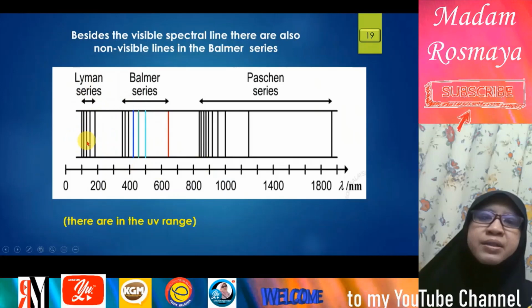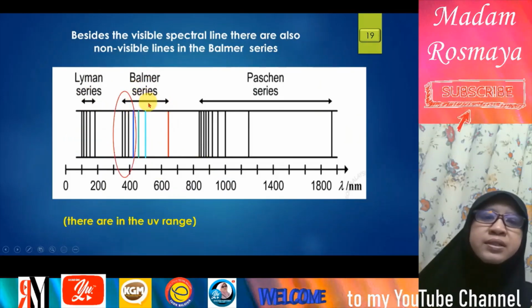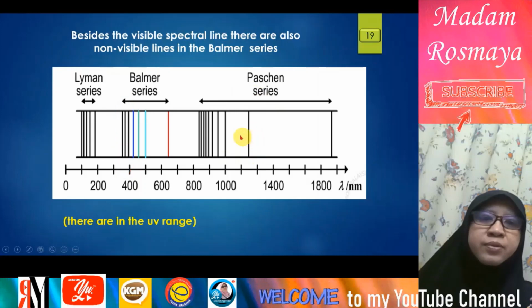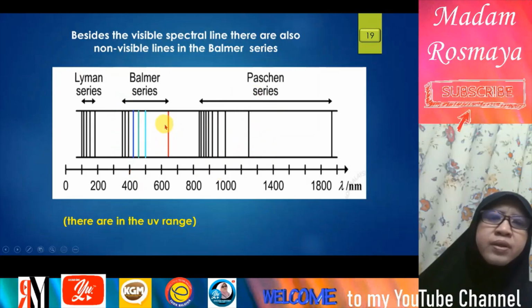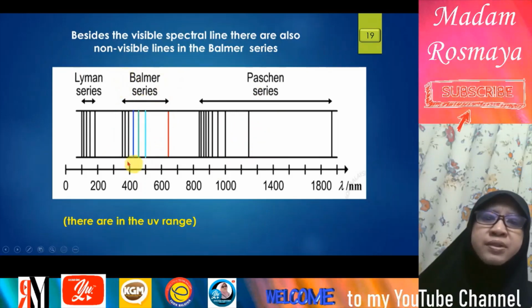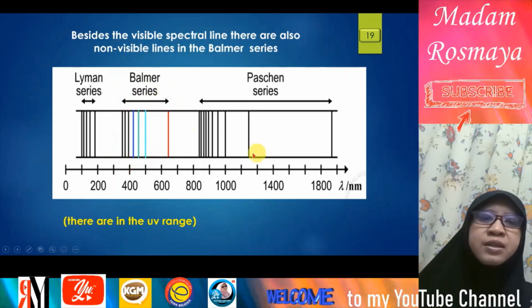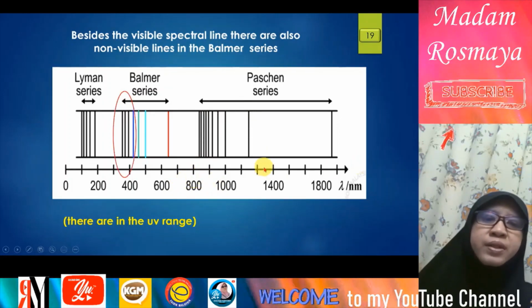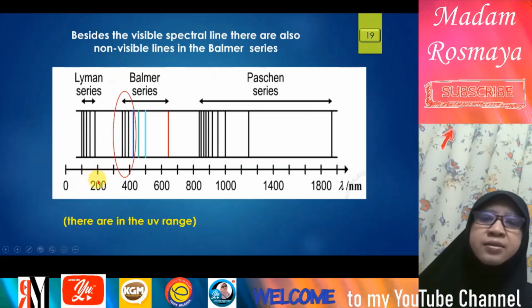So this is the Lyman series, this is the Balmer series, and another one is the Paschen series. The Paschen series does not lie in the visible range. It is a non-visible wavelength, larger than 700 nanometer, compared to the Lyman series, which is less than 200 nanometer.